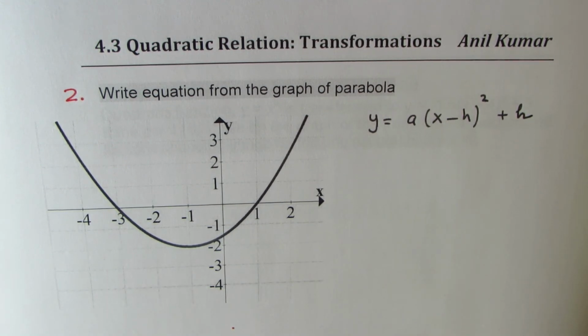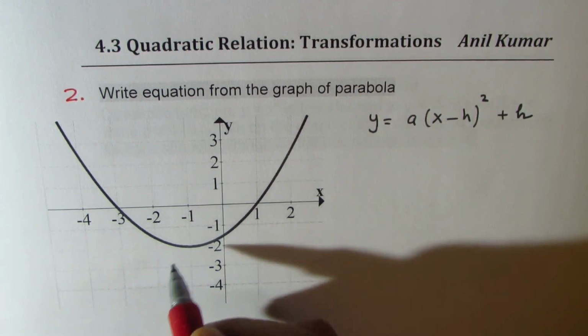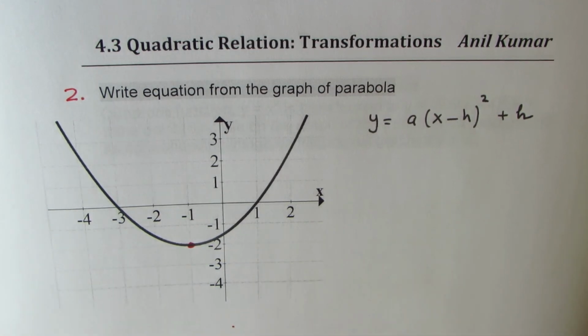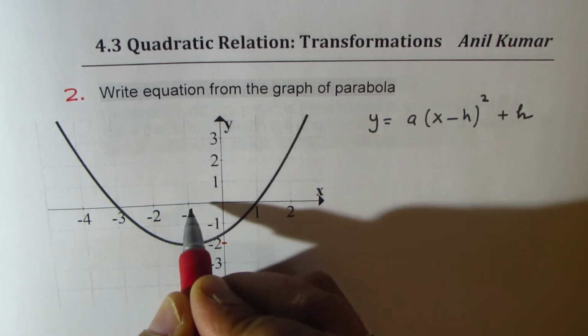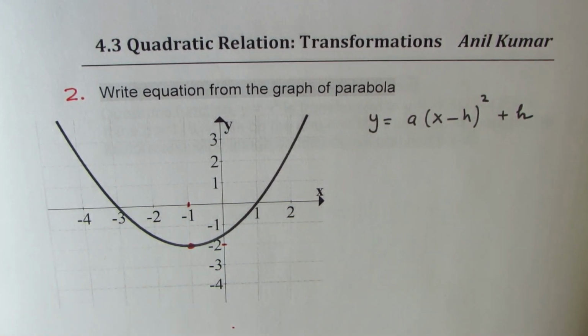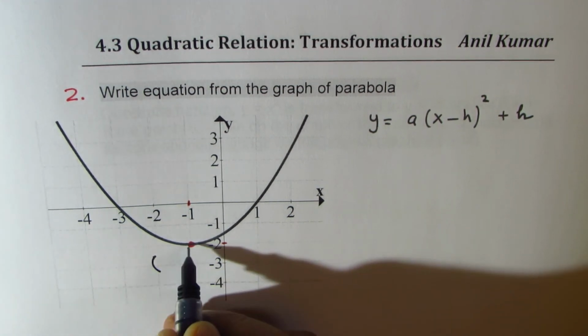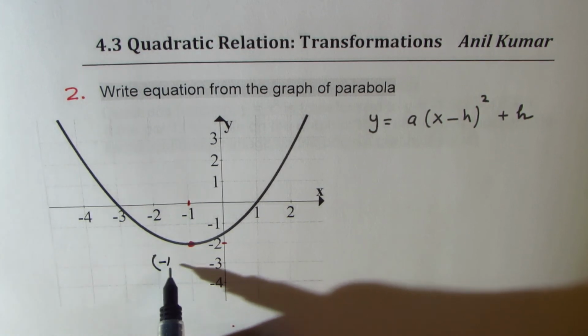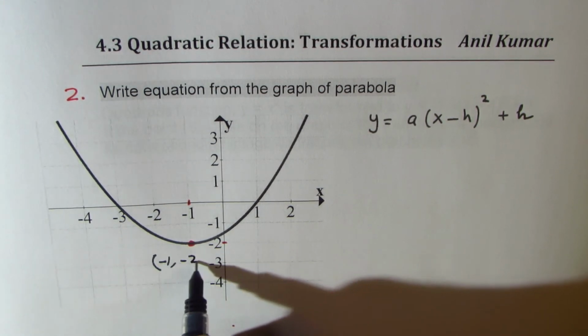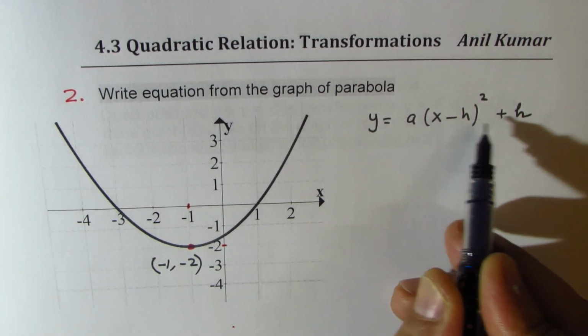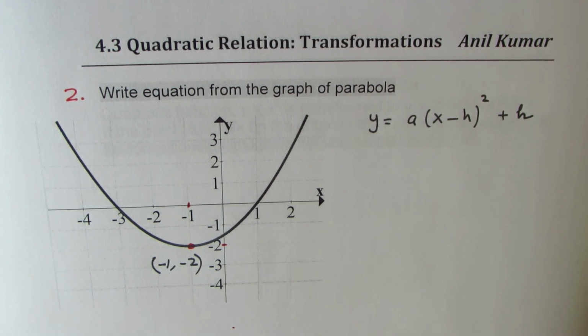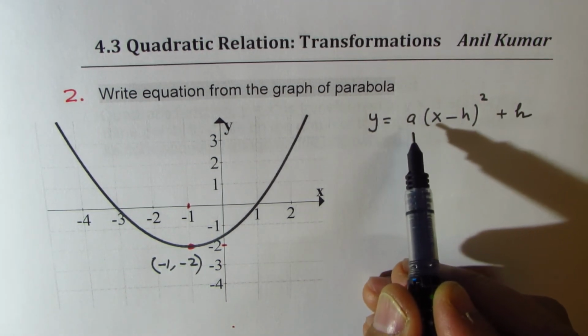How do you identify these points? First, the vertex. So that is the vertex for you, right? So the values for the vertex right there are x value of -1 and y value of -2. So you get h and k values, correct? You only want to find what a is.